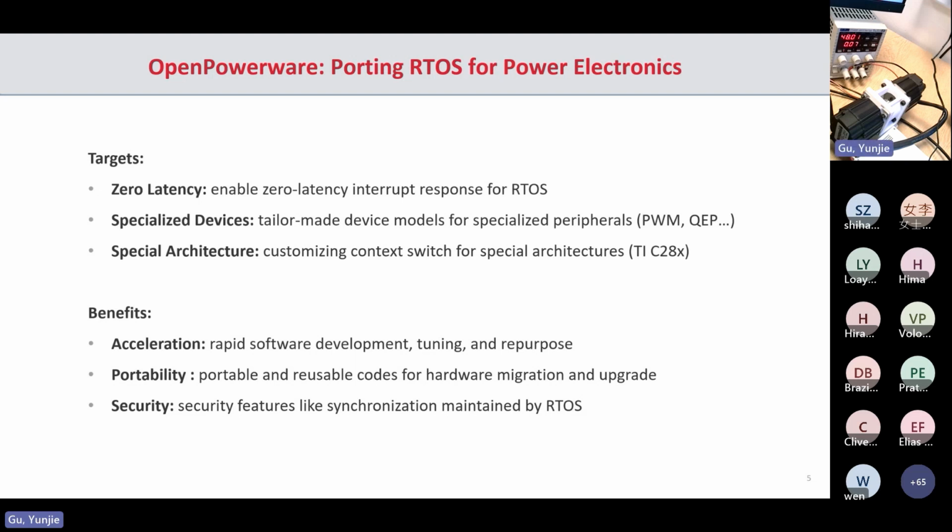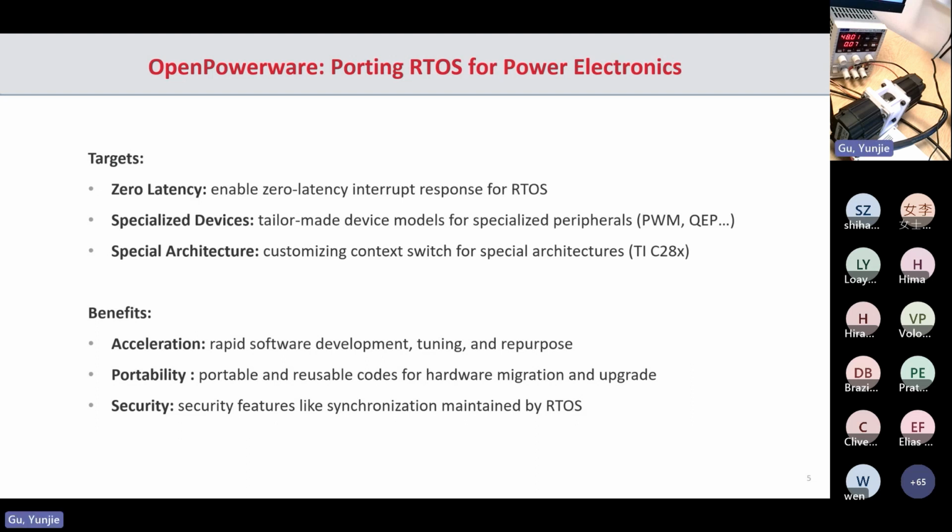The one I mentioned is zero latency. Power electronic control requires a very small latency. And there are also some special devices, say the PWM and the encoder for motors, and special-made, tailor-made ADC devices. These are quite different from the mainstream peripherals on MCUs.